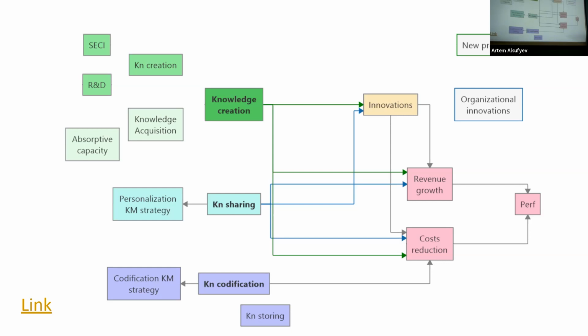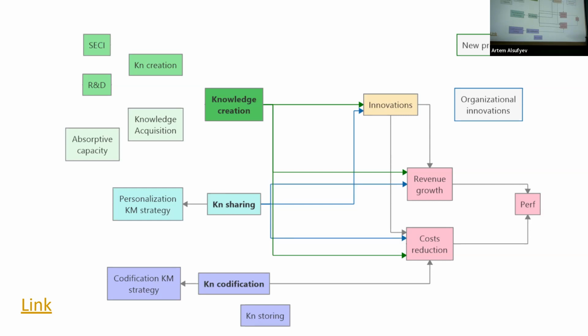Or we launch a new product, and then we have revenue growth, which in the end leads to performance. In general, the research tradition is that innovations are related directly to performance. So this is our general scheme.